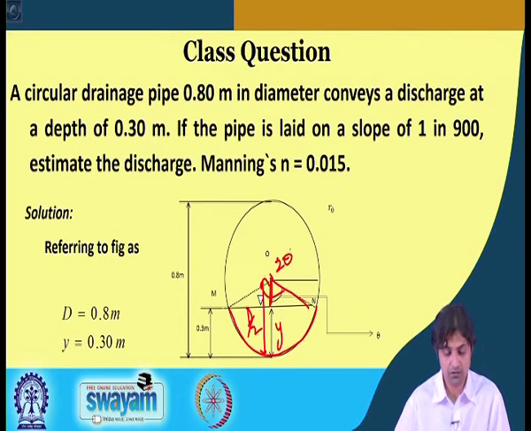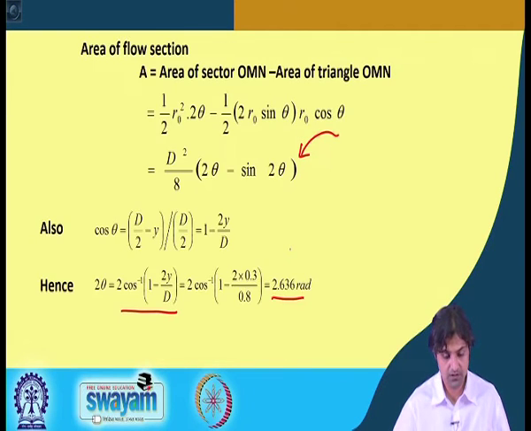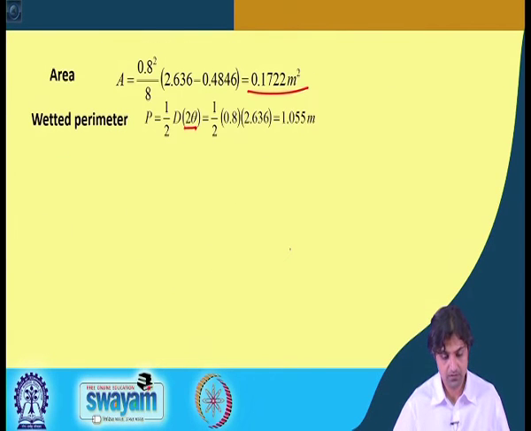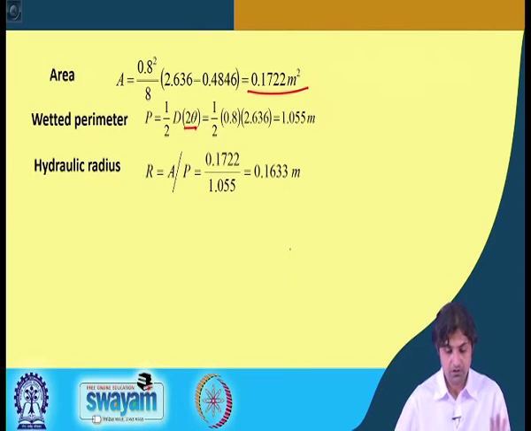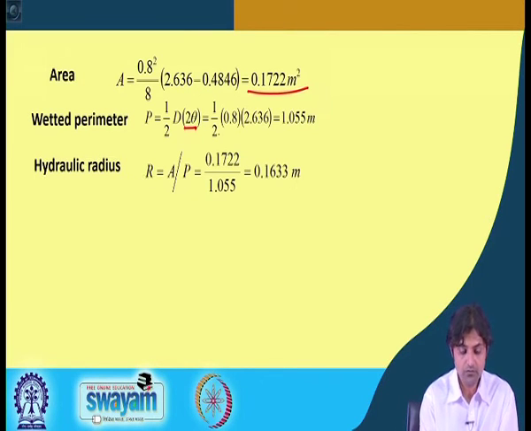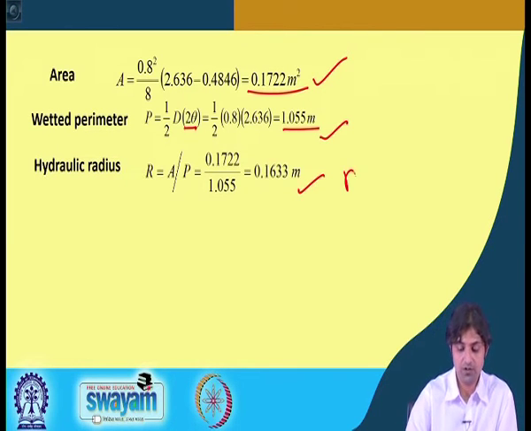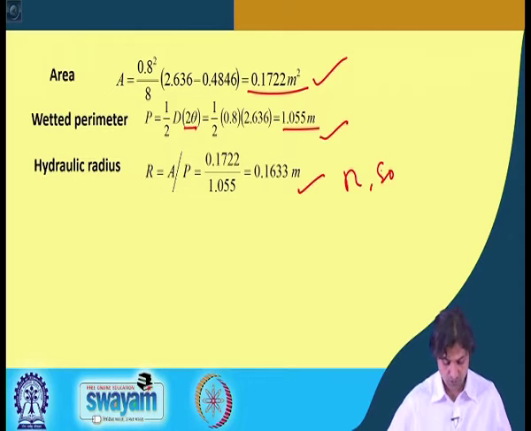We could write r 2 theta or d by 2 into 2 theta. Therefore, it is going to be 1.055 meter, and the hydraulic radius is A by P, which is 0.1633 meter. So, hydraulic radius, wetted parameter and area we found out, N we already know, S naught we already know.